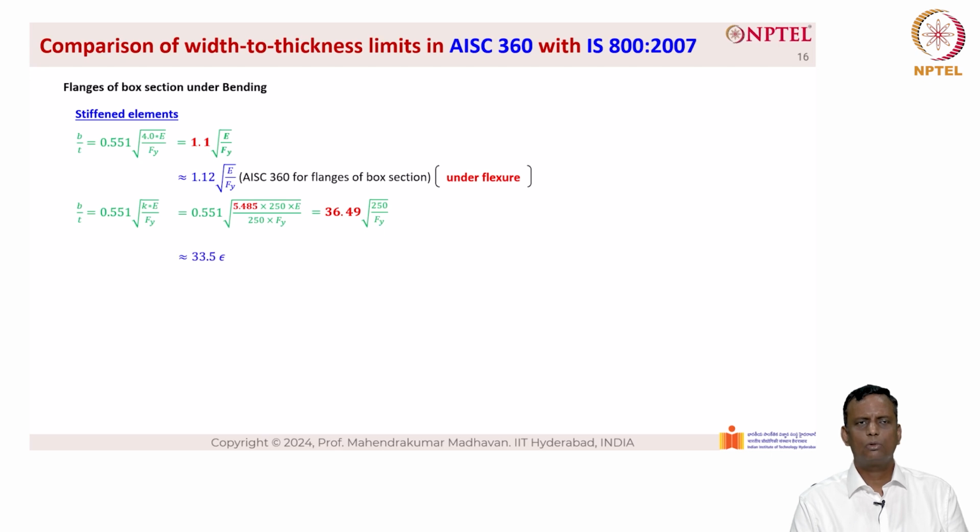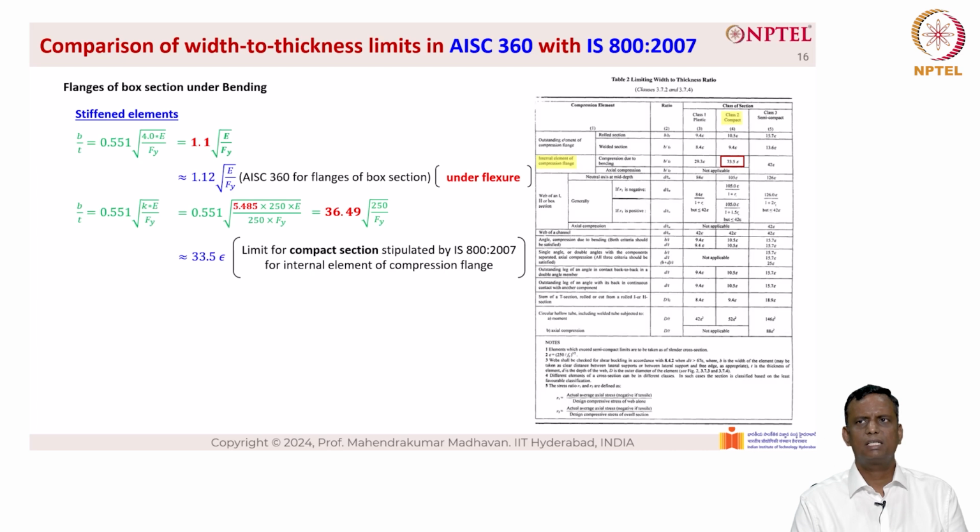Now, this is very close to 33.5 epsilon. So, even on average, we are not very close to the fixed condition, we are keeping it much lower than the fixed condition. So, it is midway between a simply supported condition and the average of simple support and fixed conditions, because the value is now reduced again from 36.49 and our value given in IS 800 is 33.5 epsilon. So, this is the limit for compact sections stipulated by IS 800 2007 for internal element of compression flange.